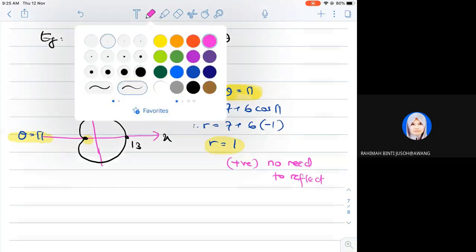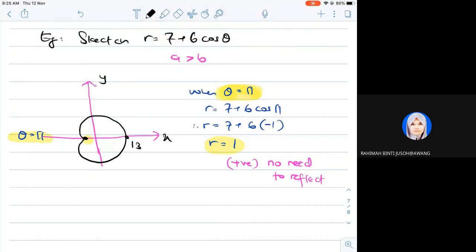So in terms of notation, we put apa ni? In terms of notation, kita letak coordinate ni sebagai what guys? The value here should be? Faham ke tak saya tanya ni? 1. Negative 1. Negative 1.